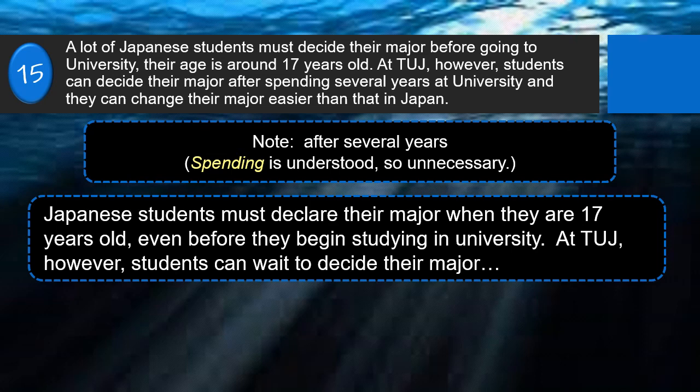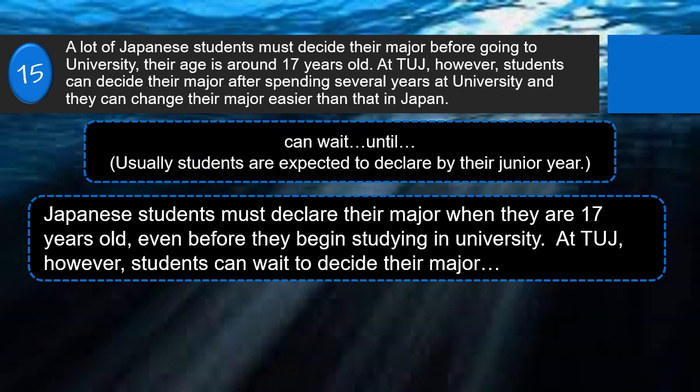Japanese students must declare their major when they are 17 years old, even before they begin studying in university. At TUJ, however, students can wait to decide their major. Now, with can wait it is very, very common to use until. Until when?